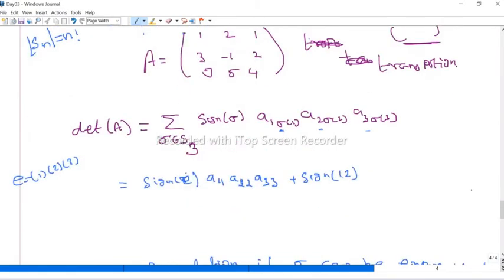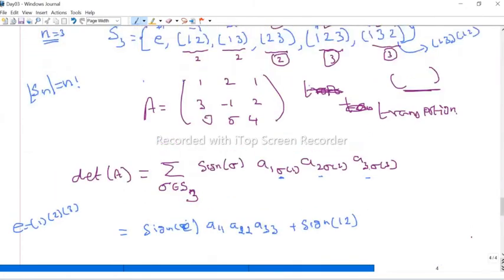That means 1 goes to 2, 2 goes to 1, 3 is fixed. Substituting in the formula, you get A1 sigma of 1, and sigma 1 maps to 2, therefore A1 2. A2 sigma of 2, 2 maps to 1, therefore A2 1, and 3 is fixed, so A3 3.